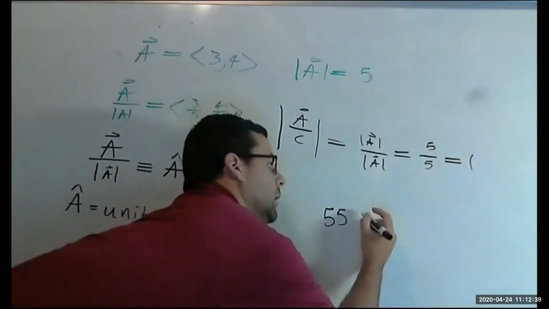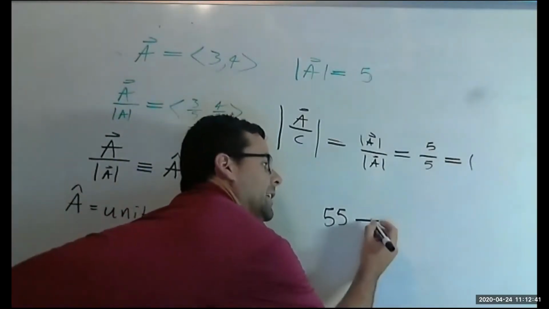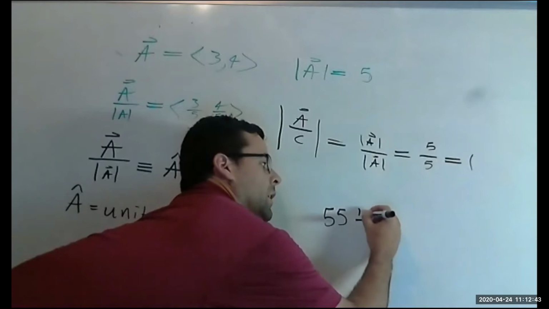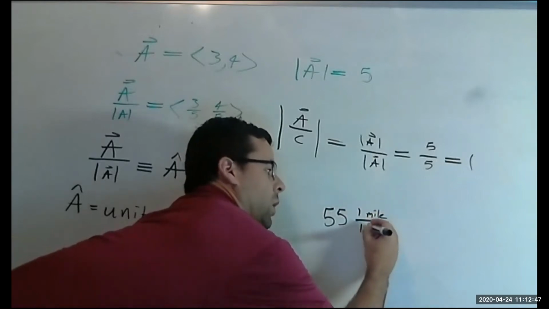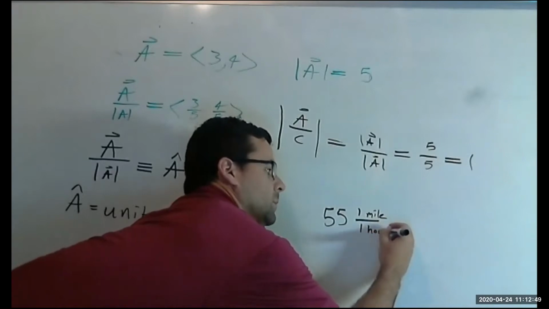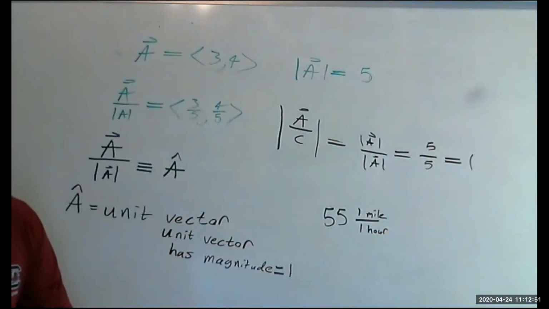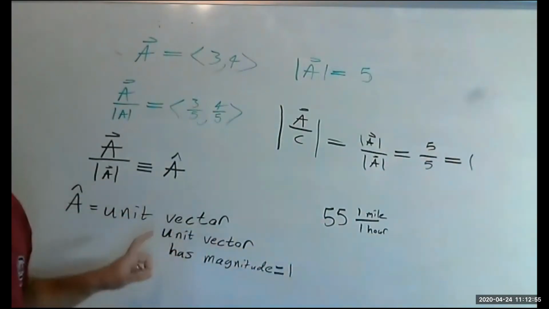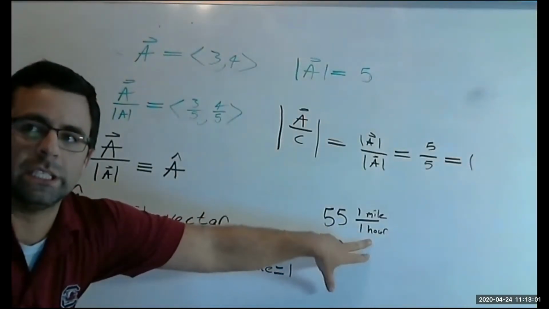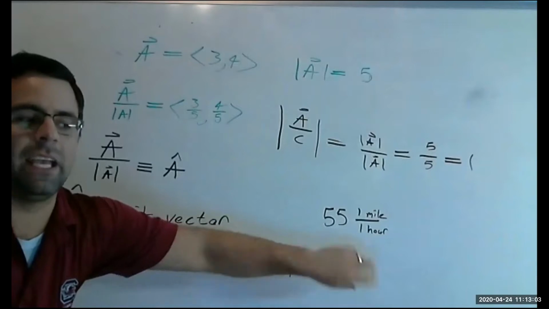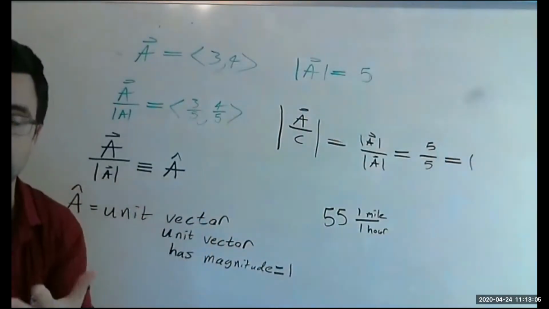So it's 1 mile or 1 hour. This unit vector doesn't really have a magnitude, it just has a kind of description.